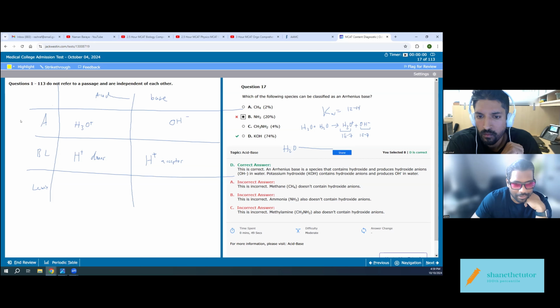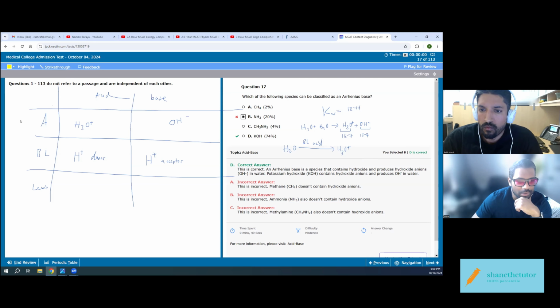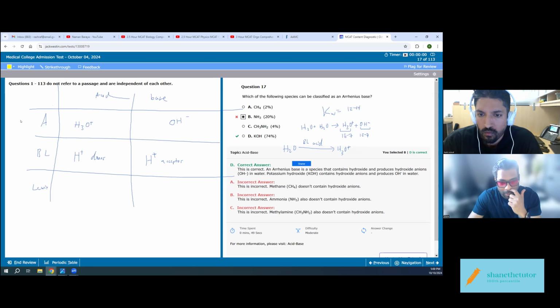If you add a Bronsted-Lowry acid to water, the Bronsted-Lowry acid would donate a proton to the water to give you hydronium, right? Same thing with the water, but if you added a Bronsted-Lowry base, it would accept a proton, and that proton will come from the H2O, so that's going to create the OH minus, right?